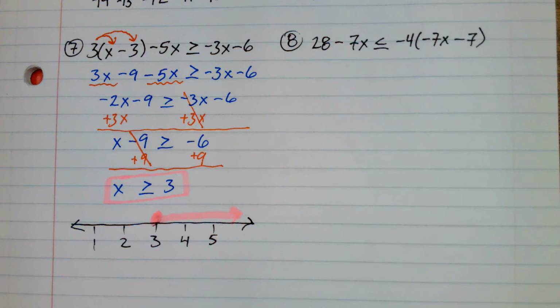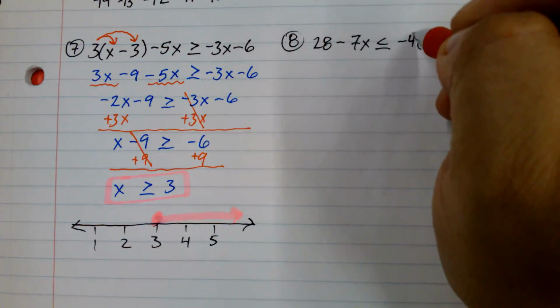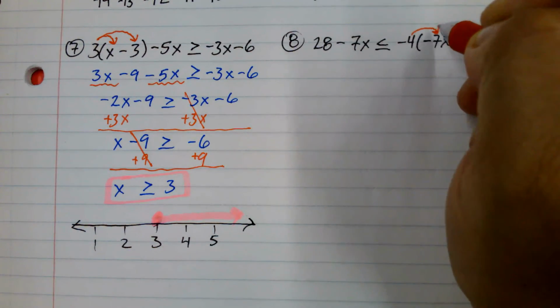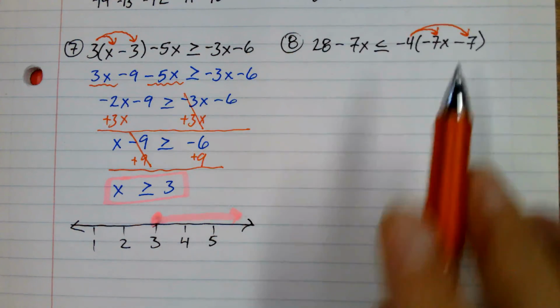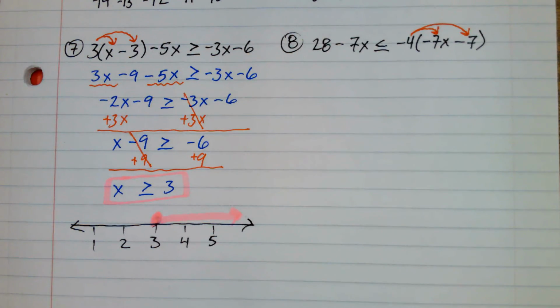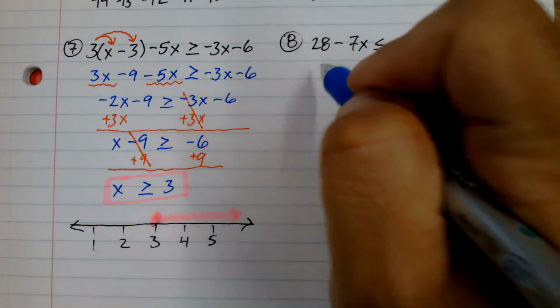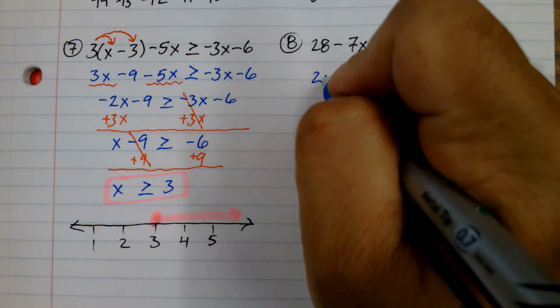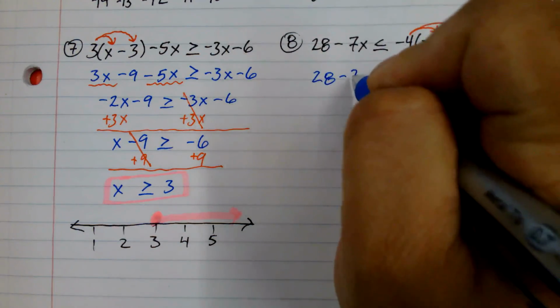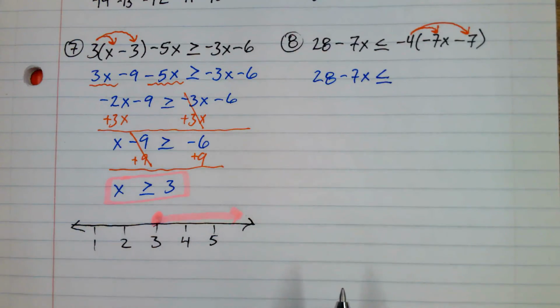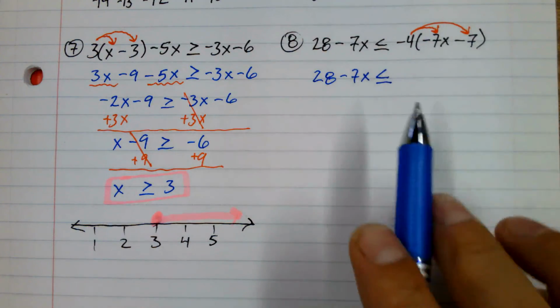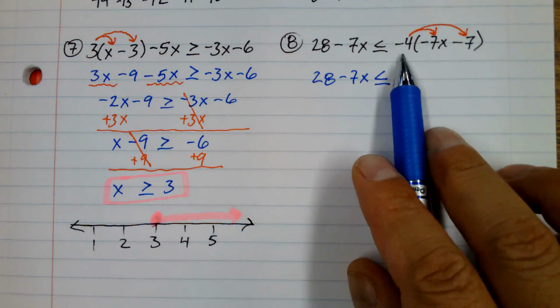So, again, look for parentheses. We got them right there. So we're distributing negative 4. Okay? Let's see what that gives us. Well, nothing over here. 28 minus 7x is less than or equal to. Now we got to distribute negative 4 to each of these.